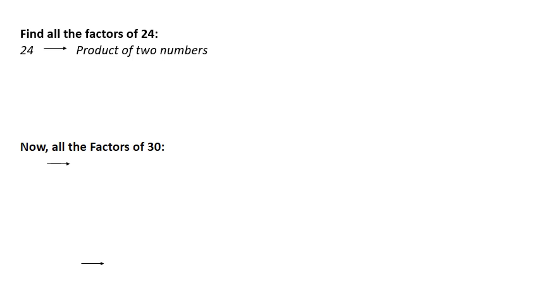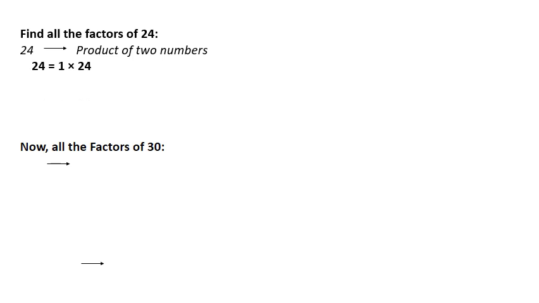When you start thinking about all the combinations of 24, we will always start with 1. So first, we will see the possible combination of 24 with 1, then with 2, then 3, then 4, and so on. This way, we can find all the factors of the given number easily and quickly. So let's see how it happens.